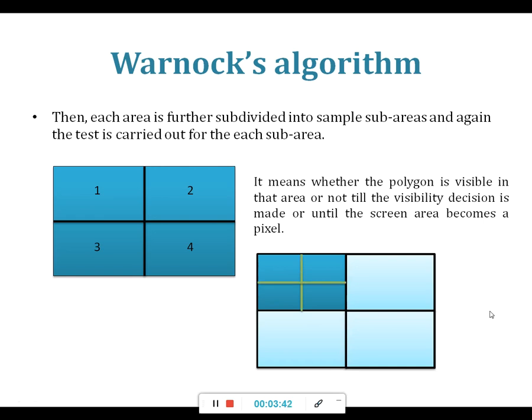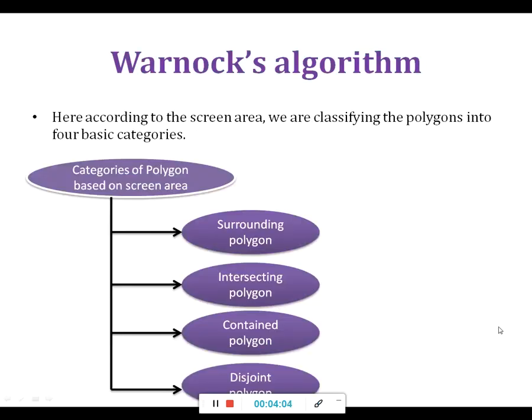If we consider area number 1, this area can again be subdivided like 1, 2, 3, 4. So this is the subdivision algorithm. First, in the whole area we check whether the polygon is visible. Then in each subdivided area we check whether the polygon is visible, and again in each sub-area we check. We can do this process until the screen area becomes a pixel.